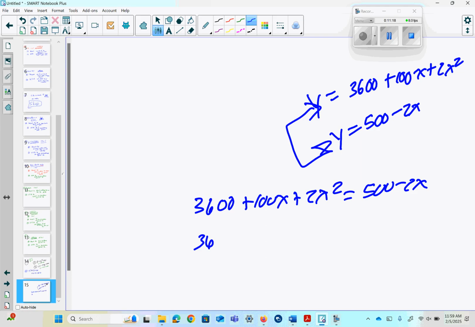So then if I go 3600 minus 2x, I get plus 102x. I have to subtract the 500 from this, so that's 3100. 102x plus 2x squared. All right, 31, 102. Okay.